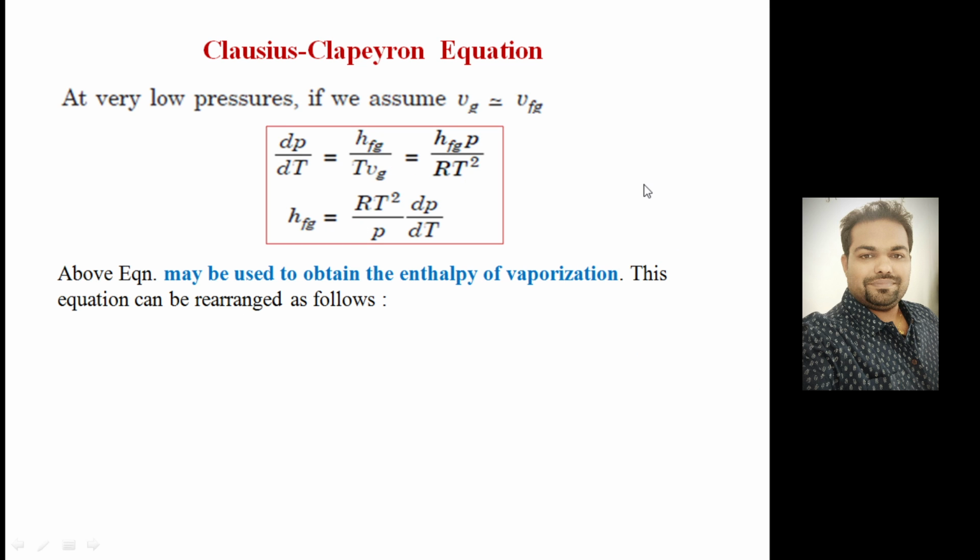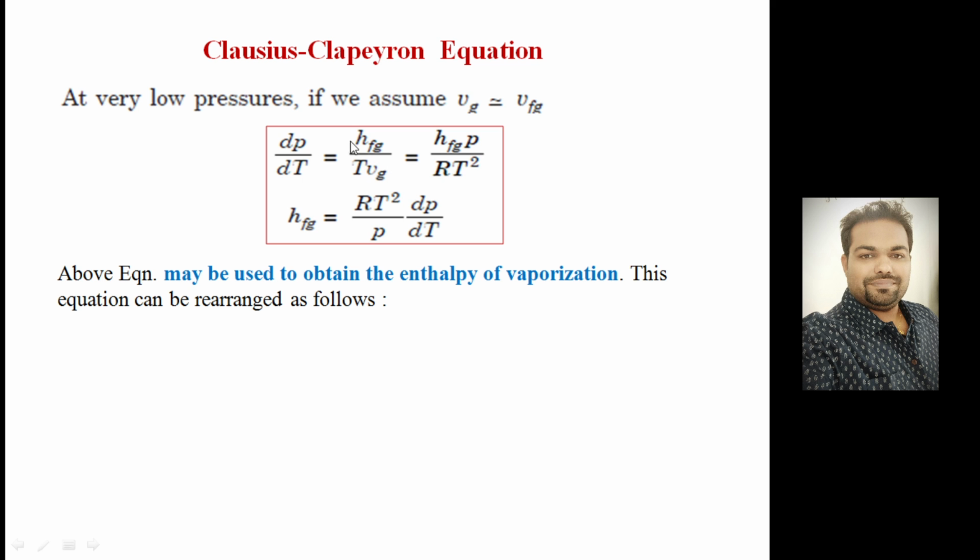Next, at very low pressure, there will be no difference between the specific volume of saturated vapor or mixture. So we can say vg is equal to exactly vfg. So dP/dT is equal to hfg by T vg, right? Now using the equation Pv equals RT, put v equal to RT by P in place of vg.